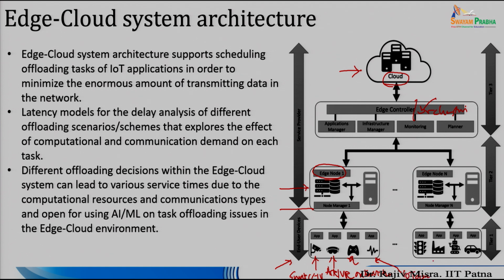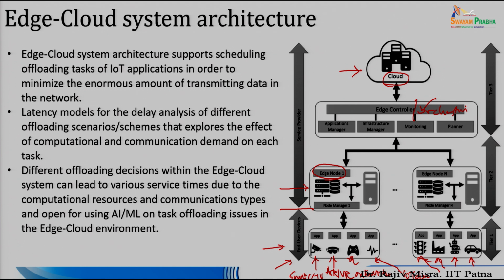Other applications which are also using such applications are the smart transportation system, the self driving car, or the robotics in the industrial IoT system. It can be any end user device.